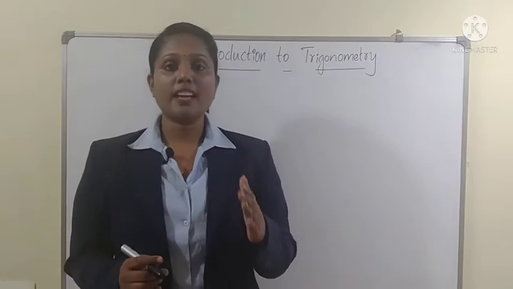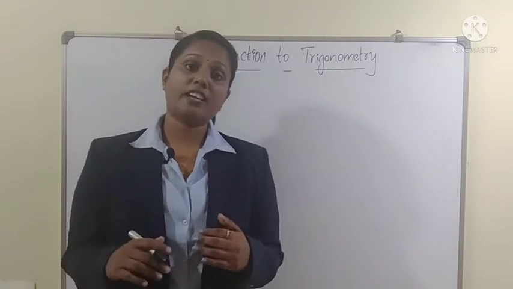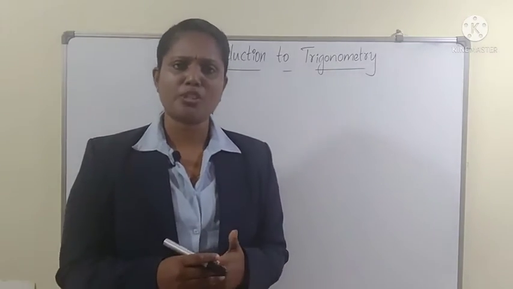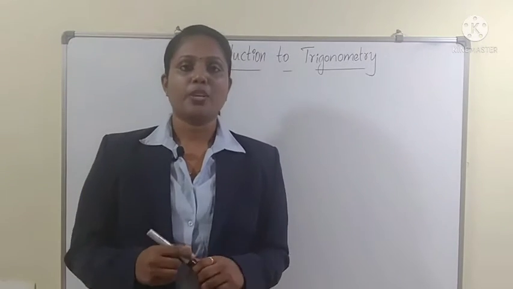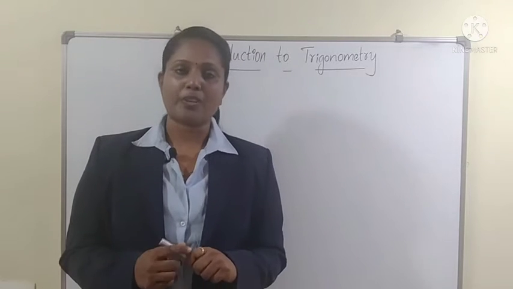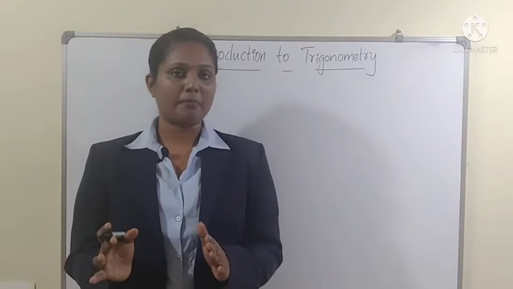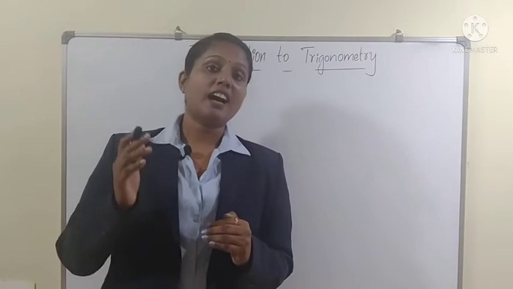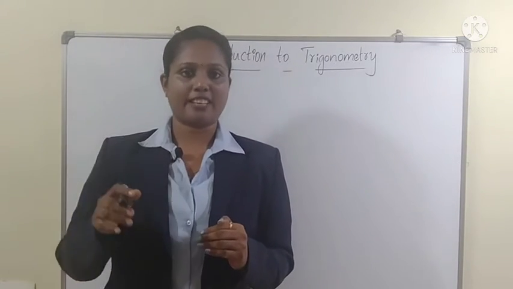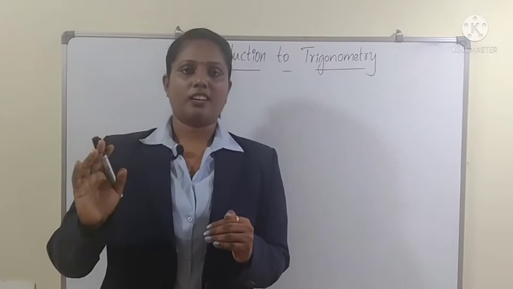Got it? So here, how do we find the height of the Burj Khalifa? Is it possible to take a tape and measure it? No. So for that, what do we have to know? There are some mathematical techniques that will help you find the height of the Burj Khalifa or the height of any object.